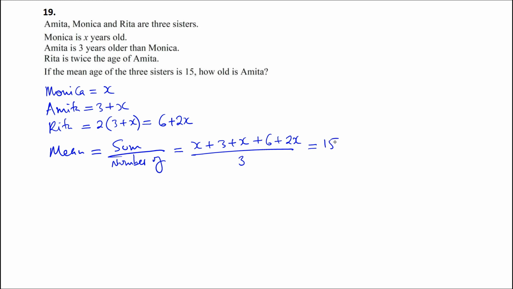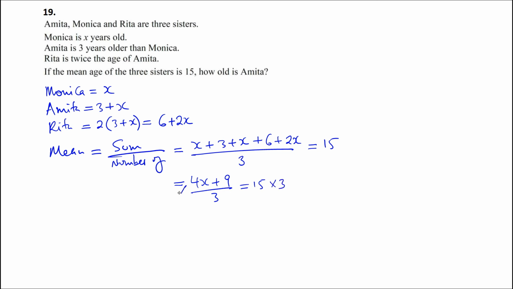So basically, we want to find how old Amita is, which means we have to find x. So we solve this equation. That equation simplifies to 4x plus 9 over 3 is equal to 15.